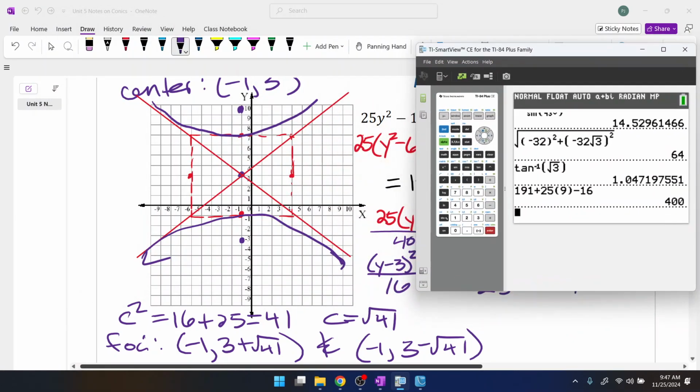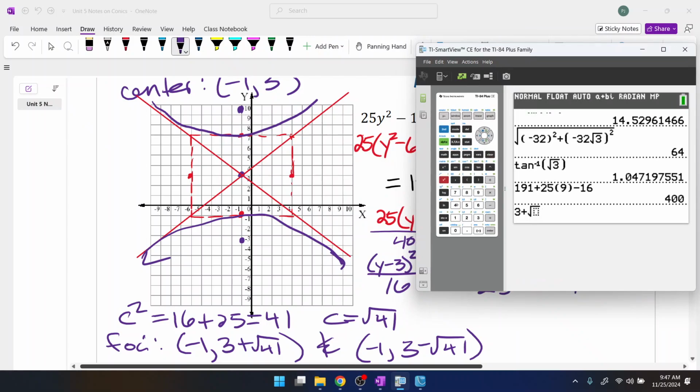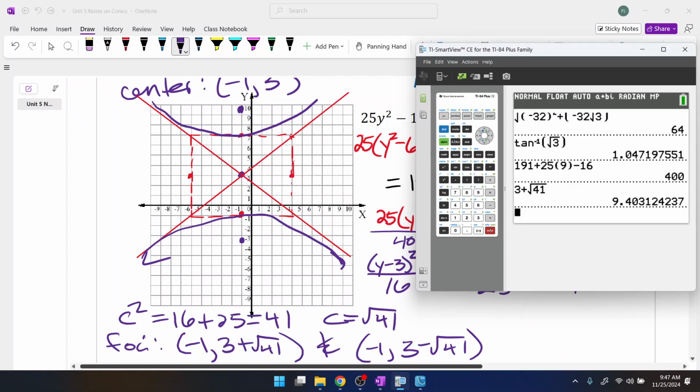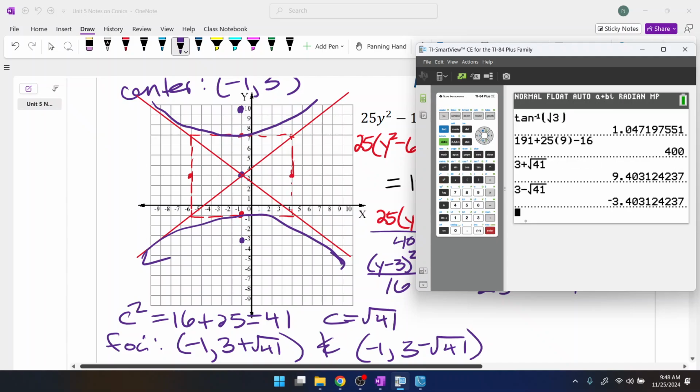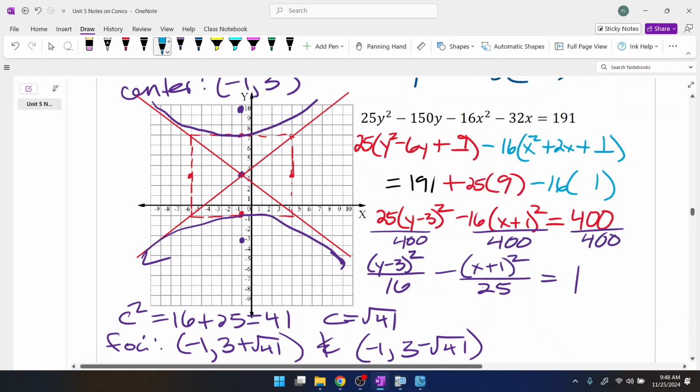And if you do an approximation here, 3 plus the square root of 41 is going to be 9.4. 3 minus root 41 is going to be -3.4.